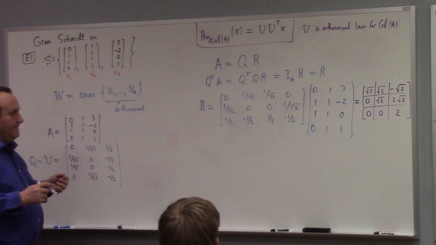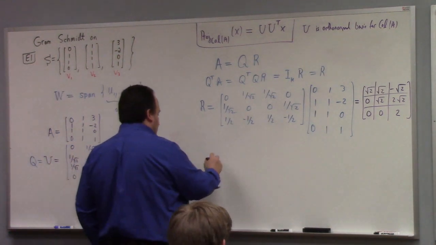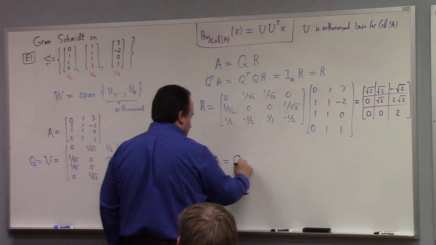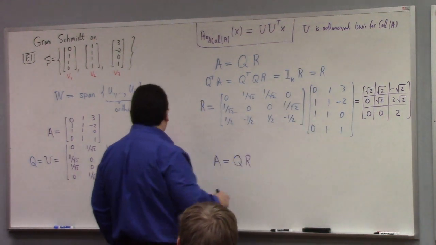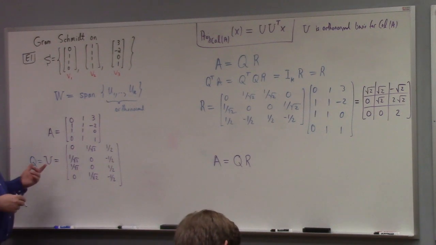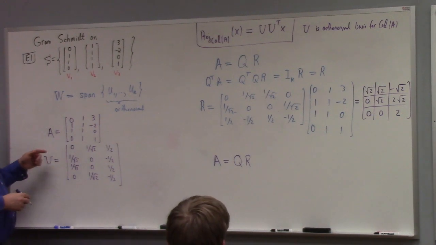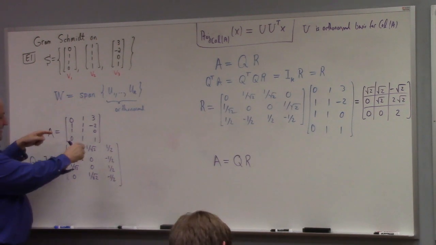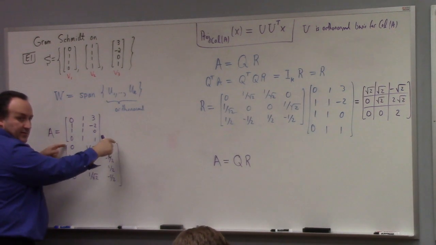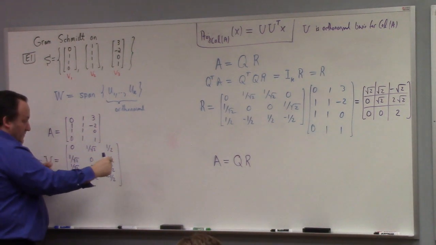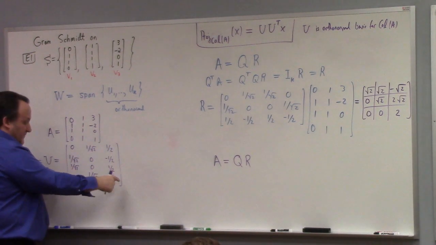So you can check that A is equal to Q times that R, right? You can start to see why that's true. Imagine taking the first column in R, multiplying over here, you get what? 0, root 2 over root 2, also known as 1, 1, 0.